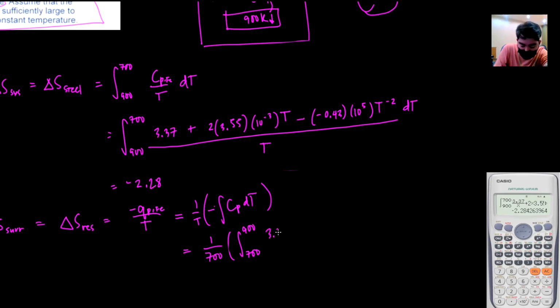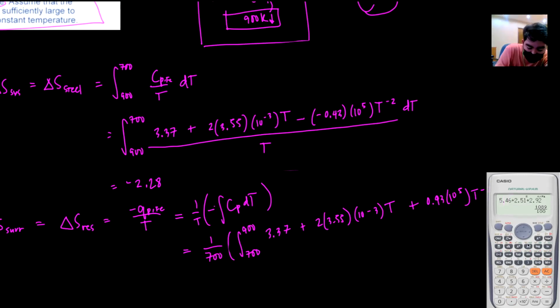No? So ito this time, pero wala nang over T. So it's 3.27 plus 2 times 3.55 times 10 to the negative 3 T plus 0.43 times 10 to the 5 tapos T to the negative 2. Now, actually I can use this recycle. Pwede ko siya i-edit.